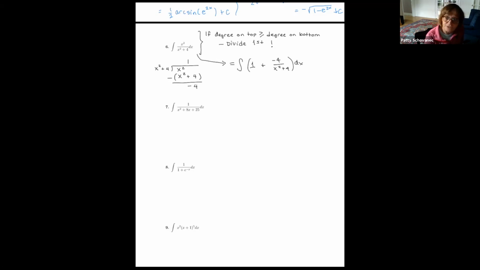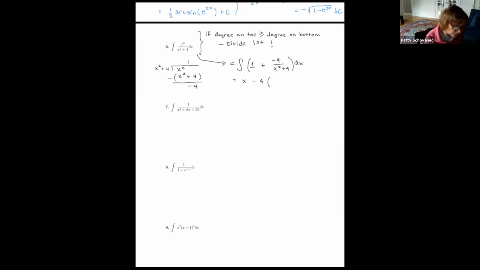And then I can integrate those separately. The integral of the 1 with respect to x is just x. The second integral is the one we did just a second ago, but it's got the 4 there. I just pull the 4 out. And then the integral of 1 over x squared plus 4, that's the arctangent.